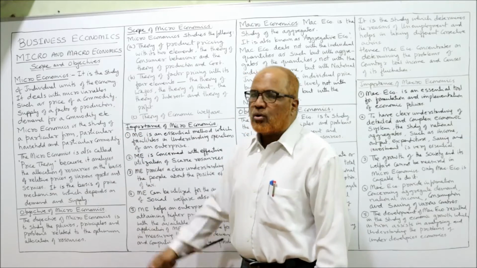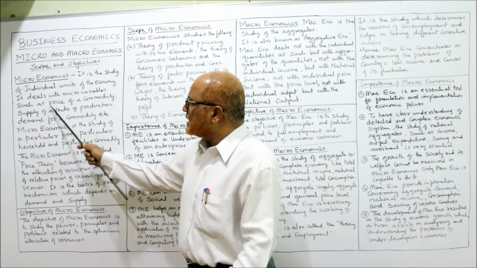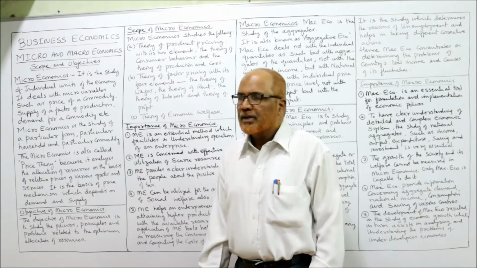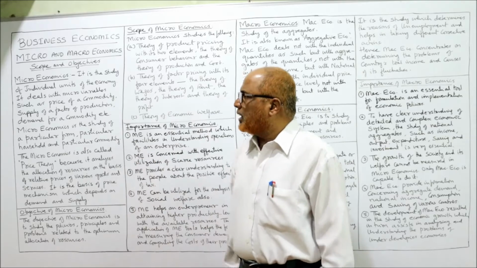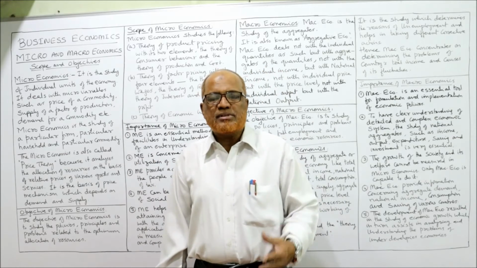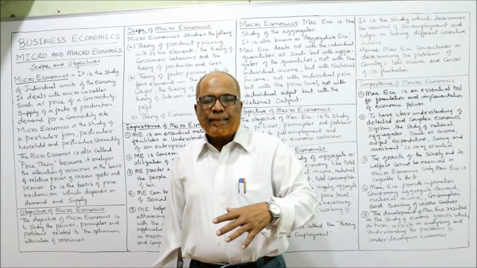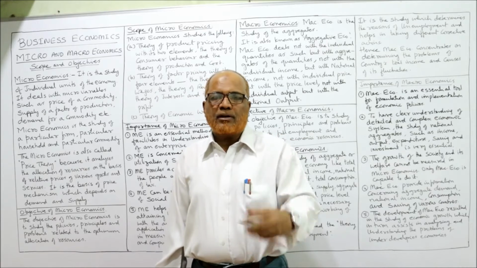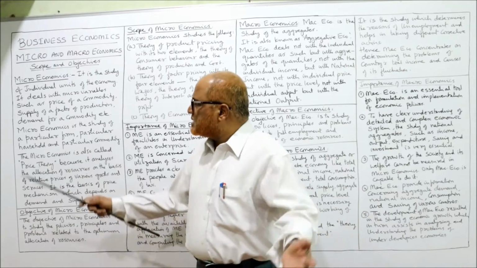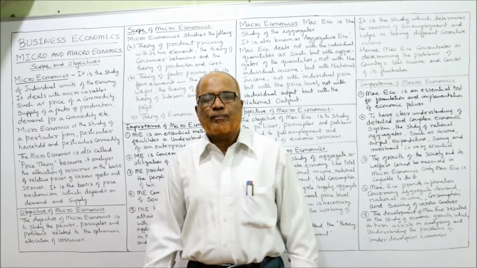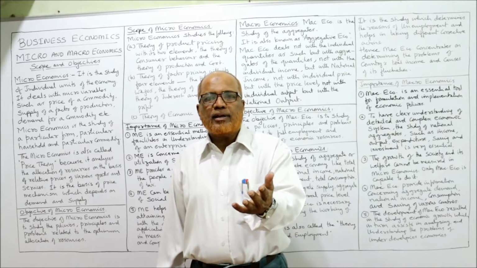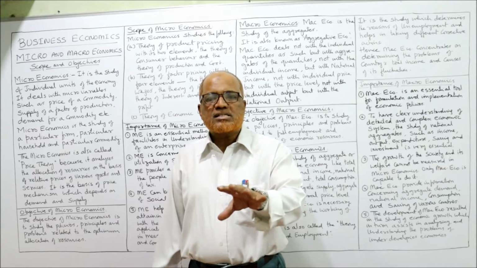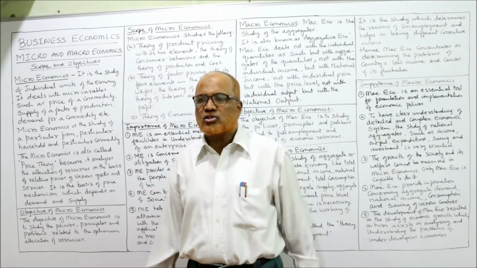It deals with micro variables, small variables, such as the price of a commodity, supply of a factor of production, demand for a particular commodity, etc. Examples are: we study the price of a particular product, the supply of a factor of production. So many factors of production are there, like capital or machinery or material. So we are studying the supply of these factors of production.